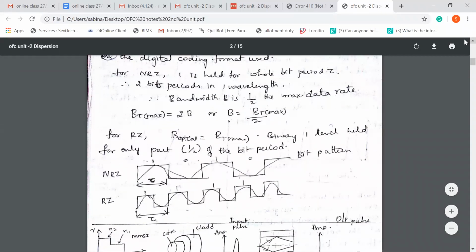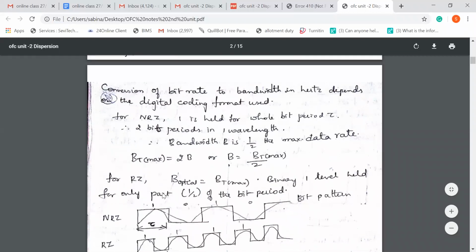Here one thing is there. What is NRZ? NRZ means non-return to zero. What is the meaning? Whenever you have a pulse, if this is my time period, whatever amplitude you have will not come to zero.